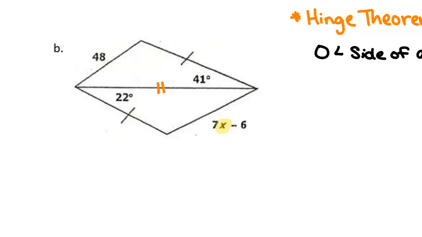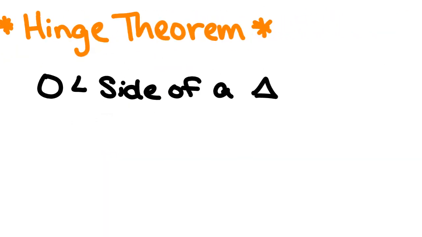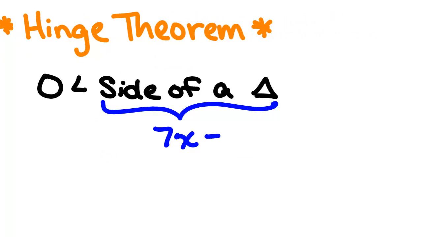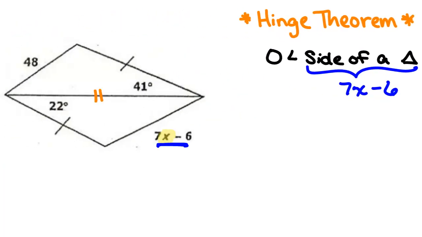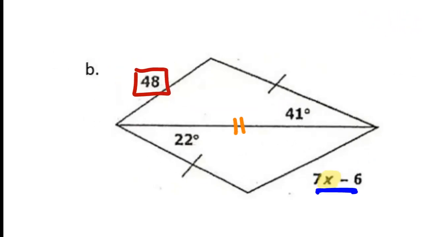All right, so I'm going to look at my angles. Or sorry, I'm going to actually take this piece with x first and put it in for the side of a triangle. I apologize. I'm going to do 7x minus 6. And I have this other side, 48. I need to know whether 48 is bigger or smaller than 7x minus 6. It's bigger. How do we know it's bigger?